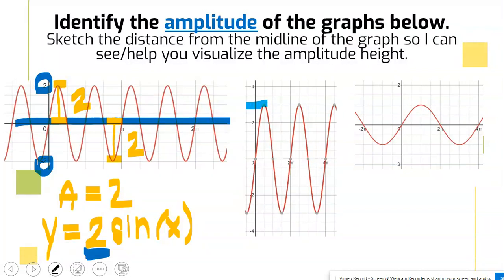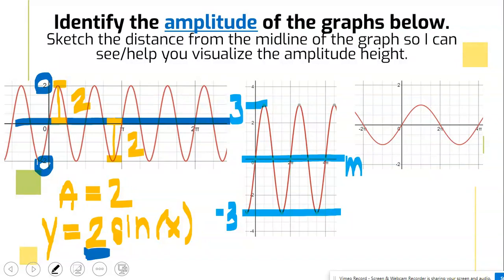We've got this value right here, which is in between 2 and 4, so that's a 3. And if I go and find the minimum, that's right here as well, and that looks to be -3. So the middle of +3, -3, again, that's going to be right here at 0. So this is our midline, and obviously we can kind of do the same thing from here to here.